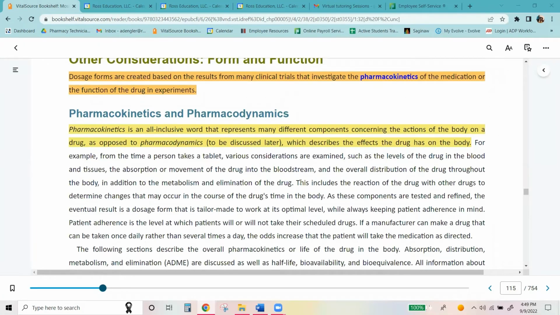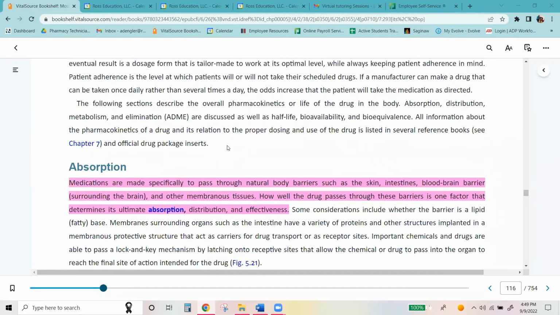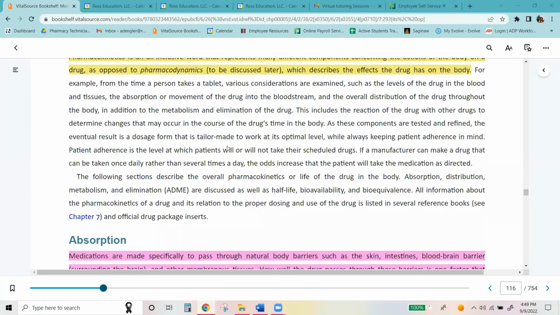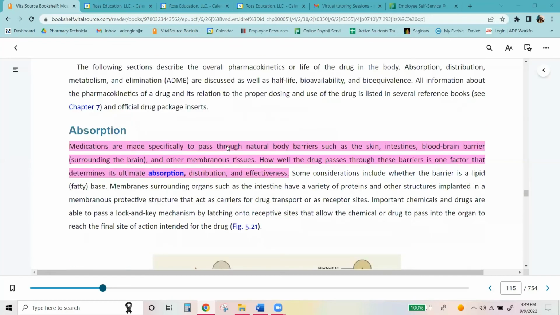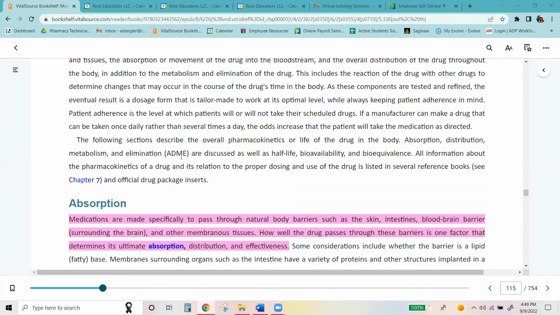And we will talk more about this in depth in the pharmacology module, or if you've already taken the pharmacology module, we've already discussed this in depth. We will briefly go over the ADME for medications, though, in this chapter.